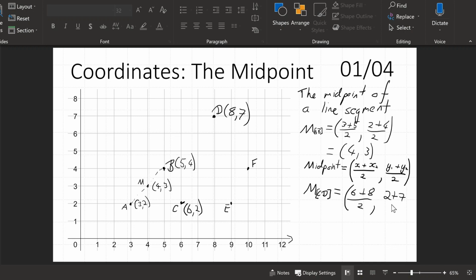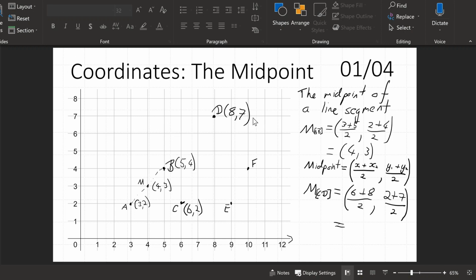Now, one of the things you might remember is that when we were doing addition and subtraction, we called addition commutative, okay? So the reality here is it doesn't matter if you take the D values to be x1 and y1, and the C values to be x2 and y2.